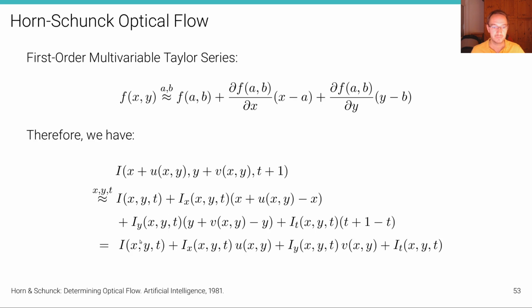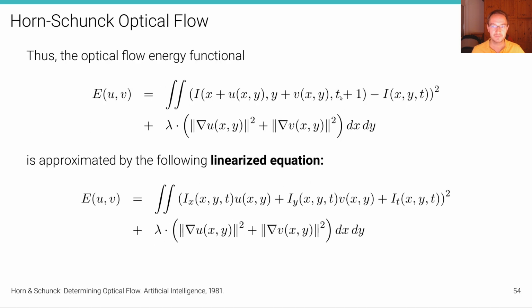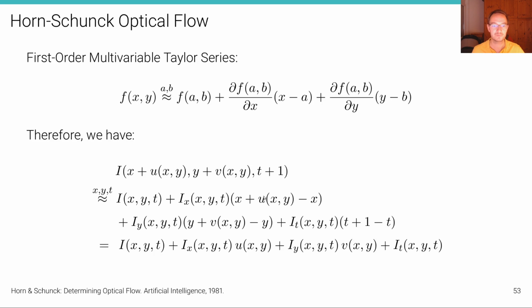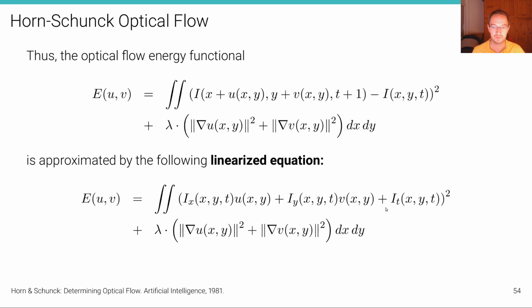If I plug this in here, you can see that the I of x, y, t, which appears here with a minus in front and here with a plus in front, vanishes. And what remains is just this term here on the right side. So this is the linearized equation, and you can directly see that it's linearized because now u and v appear as linear terms inside this quadratic.